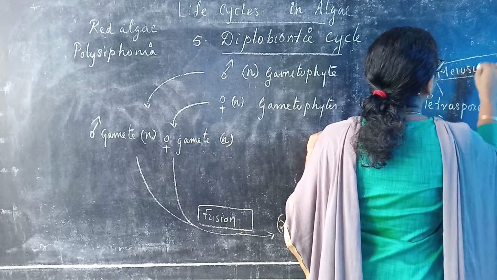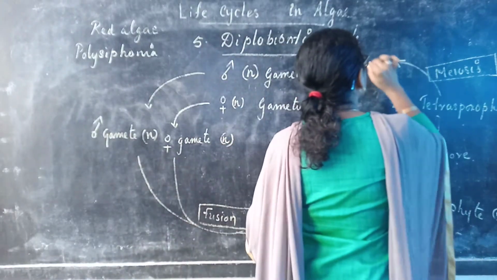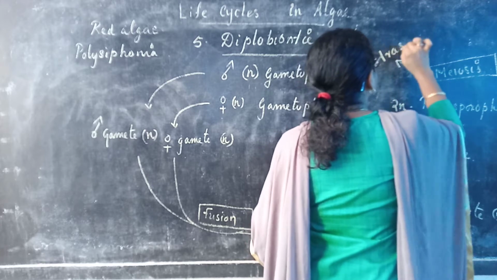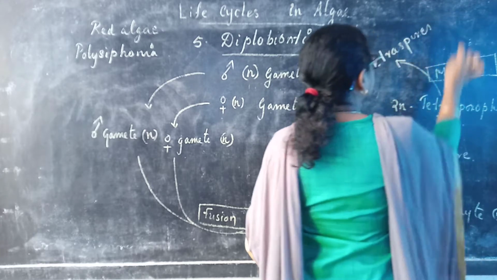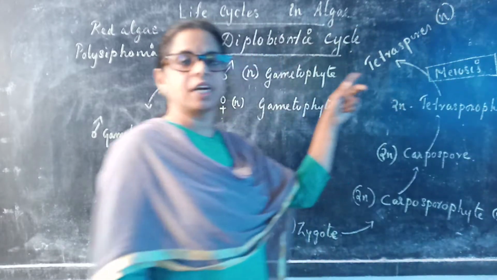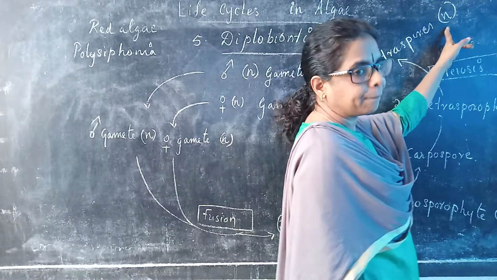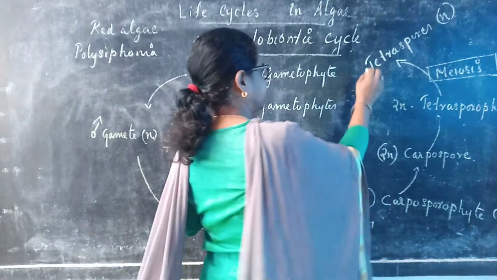It's very important. So the tetrasporophyte produces tetraspores as a result of meiosis, and that is why the genetic constitution reduces to half. That means tetraspores are haploid in genetic constitution.